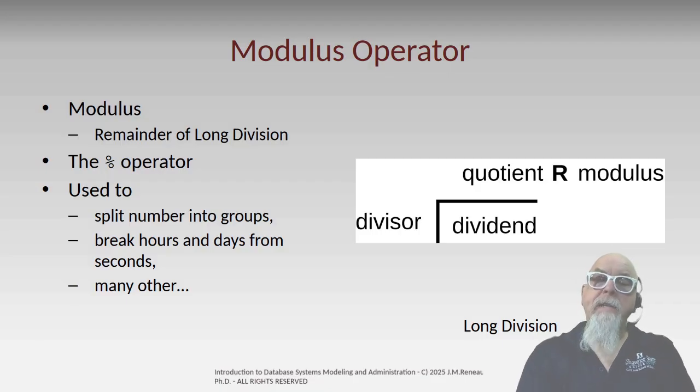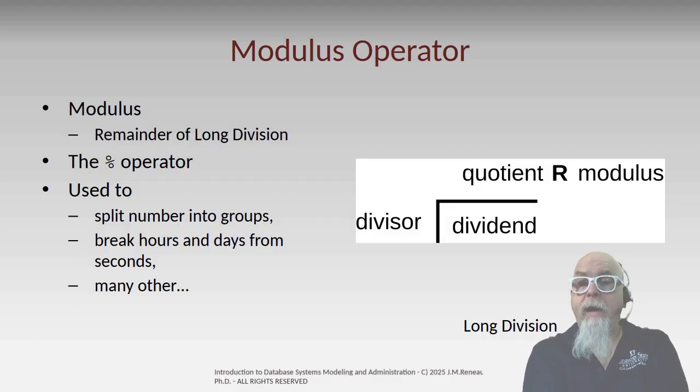Within our databases, there's a mathematical operator, and I mentioned it on the first slide of operators. It's the modulus operator represented by the percent sign. And what the modulus operator does is it gives us the remainder of long division.